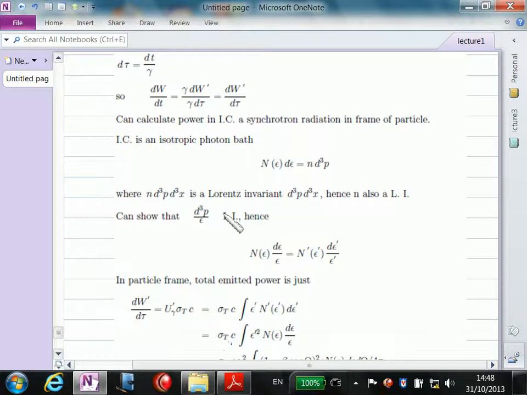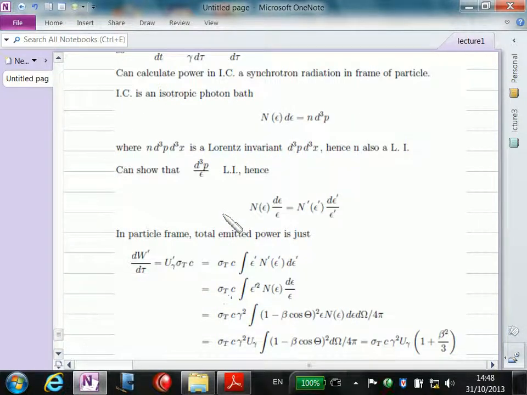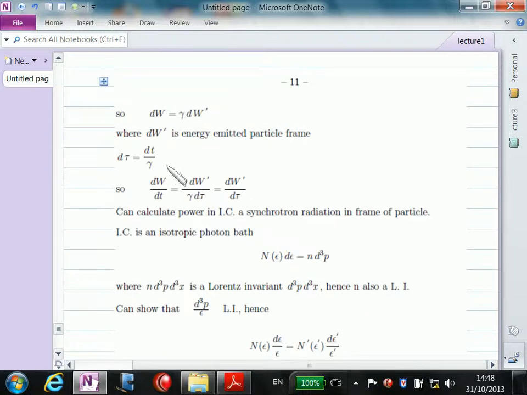I don't know why it's necessary to do this. If dW over dt is equal to dW prime over d tau, that shows that the power emitted is invariant. And it means you can calculate the synchrotron radiation in the frame of the particle, and then you'll know what it is in the frame of the observer.